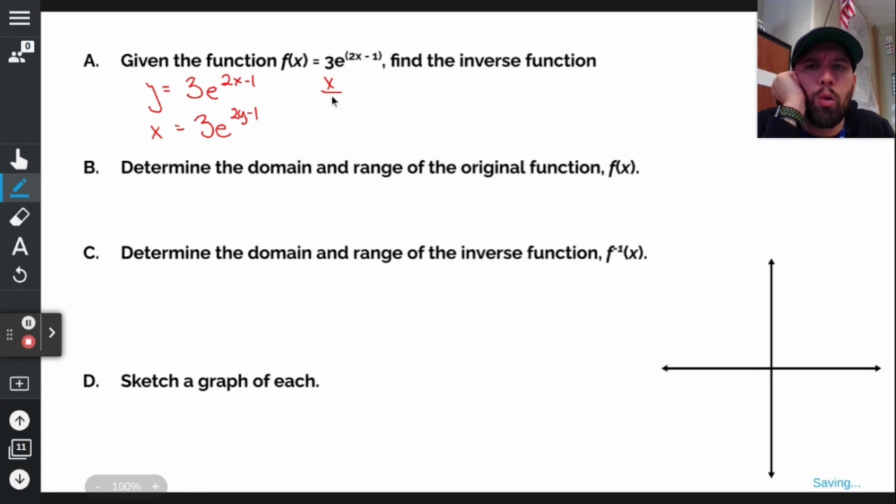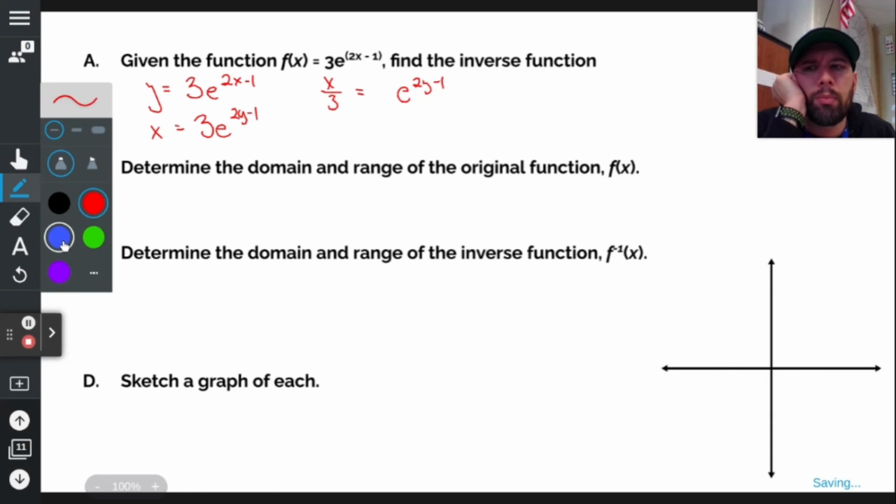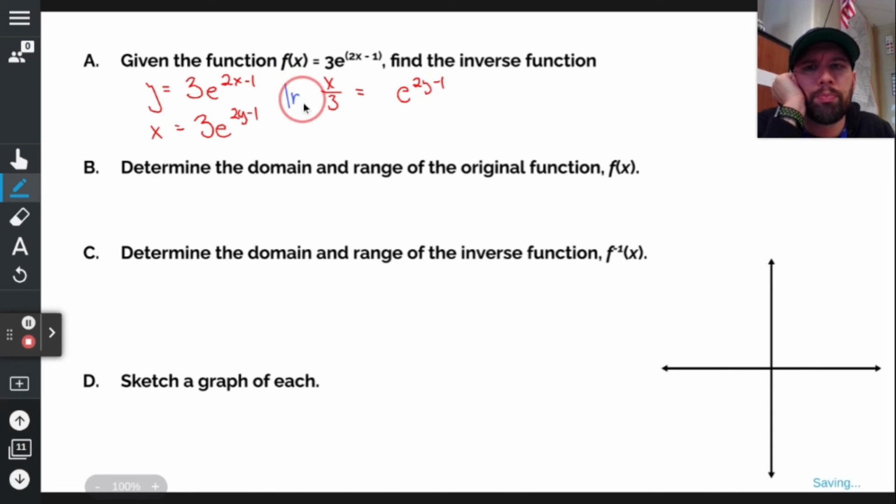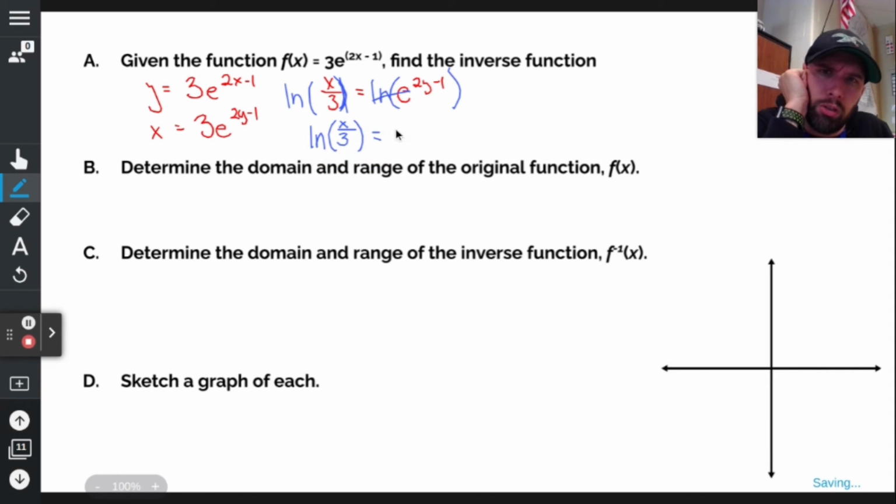So x over 3 equals e to the 2y minus 1. ln both sides. It's supposed to be a parentheses. Things are a little laggy today. ln of that cancels that out. So now I have ln of x over 3 equals 2y minus 1.